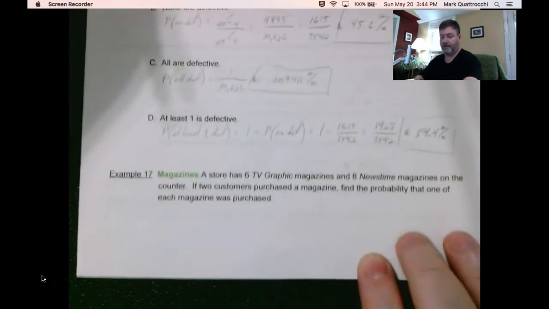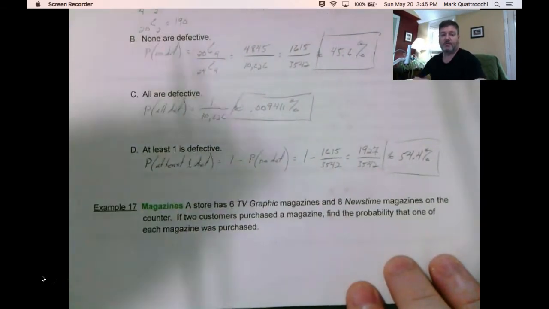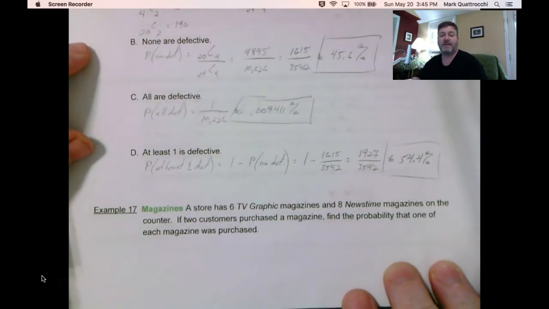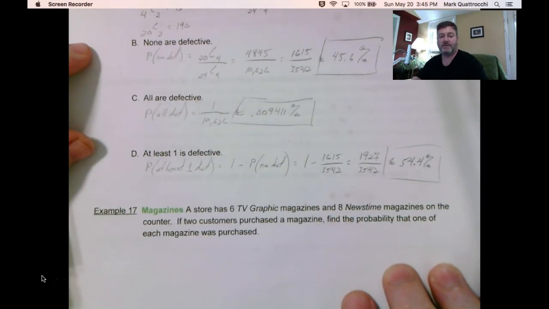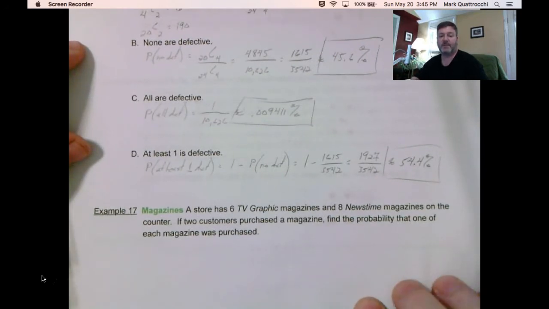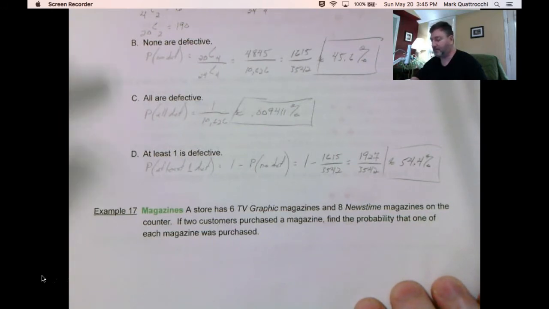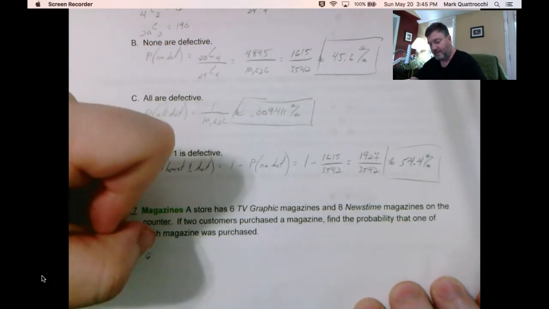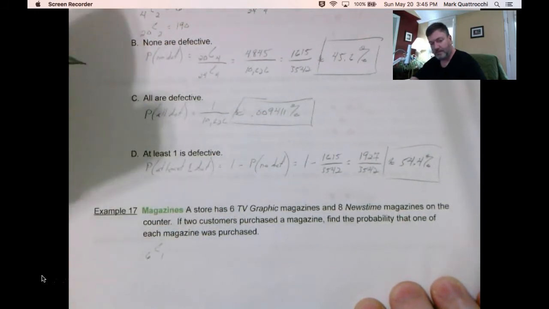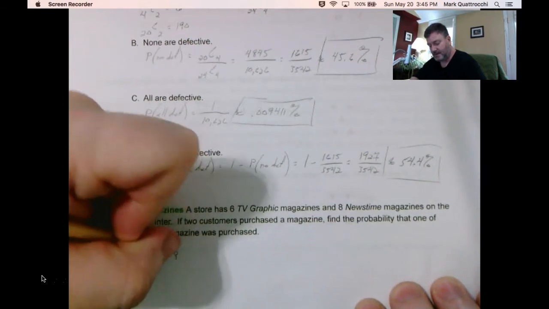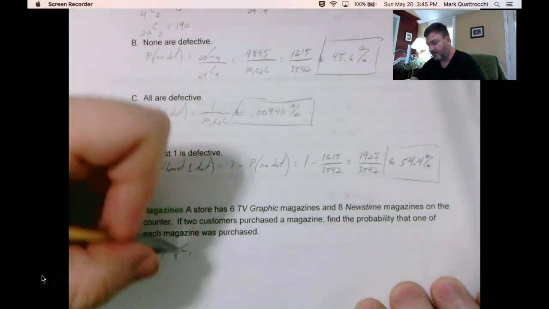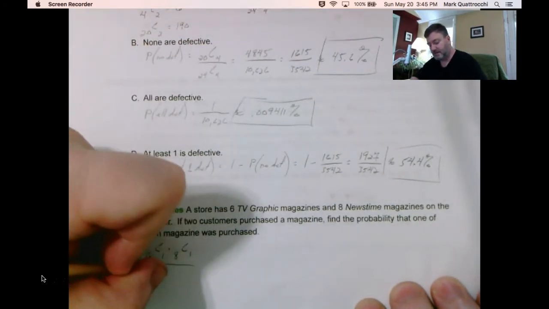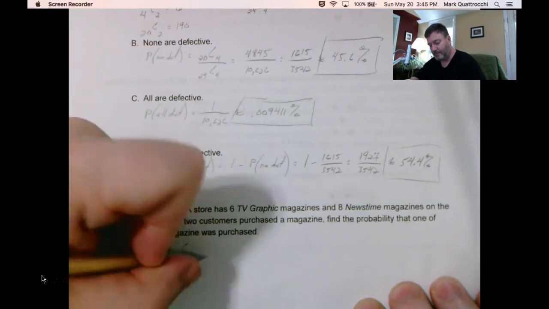Okay. Example 17. A store has 6 TV graphic magazines and 8 Newstime magazines on the counter. If 2 customers purchase a magazine, find the probability that one of each magazine was purchased. So we have 6 TV graphic magazines, choosing one of them, times 8 Newstime magazines, choosing one of them, divided by there are 14 total magazines, and we're choosing 2 of them.